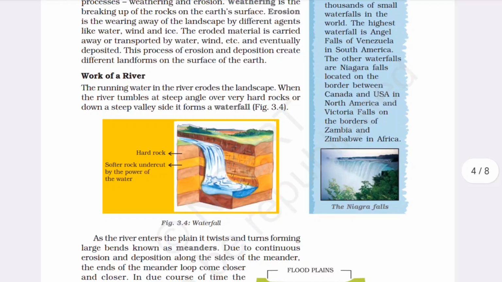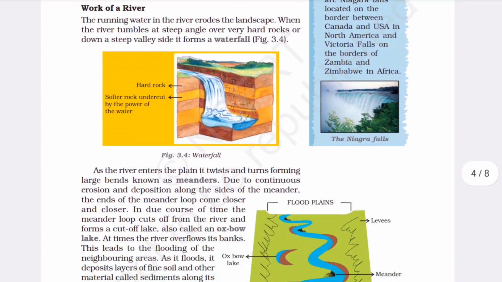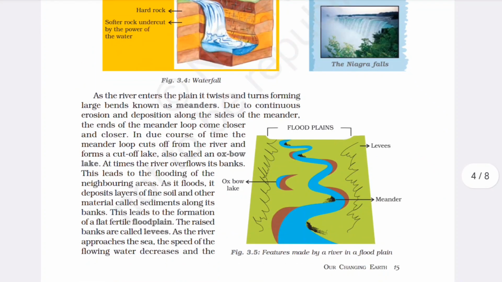Work of a river. The running water in the river erodes the landscape. When the river tumbles at a steep angle over very hard rock or down a steep valley side, it forms a waterfall. As a river enters the plain, it twists and turns, forming large bends known as meanders.